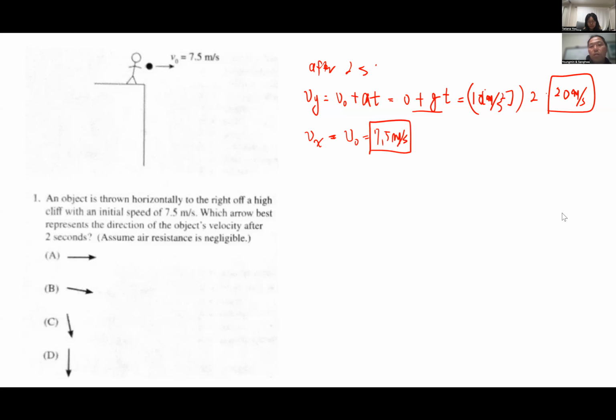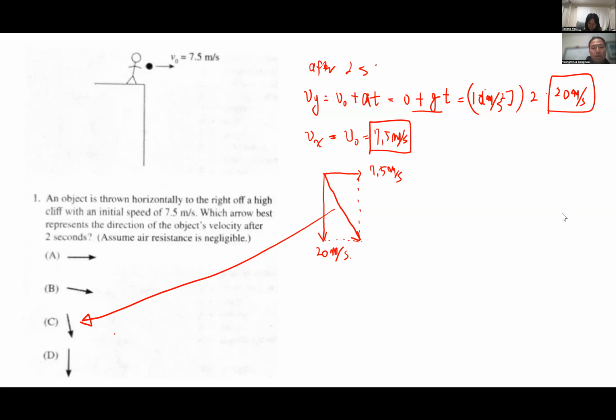So your resultant vector out of these two velocity components should be like this: vertical direction downwards with 20 meters per second, and the horizontal direction is 7.5 meters per second. So the resulting vector, the combination of these two vectors, should be like this, right? So that should be the same as C.